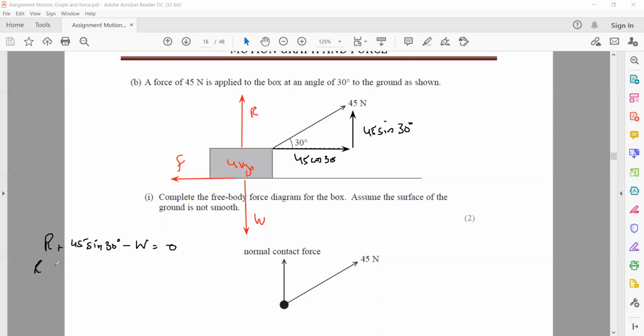The mass is 4, so weight will be 4 multiplied by 9.81. So we will solve for R, which will come out as 16.7 Newton.